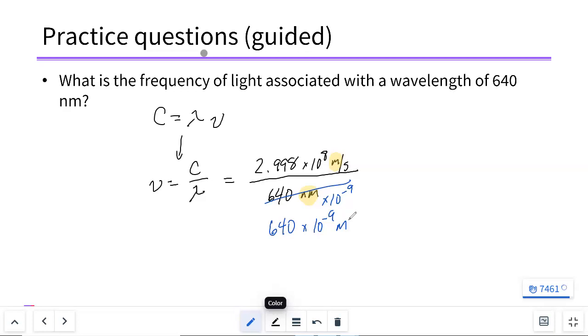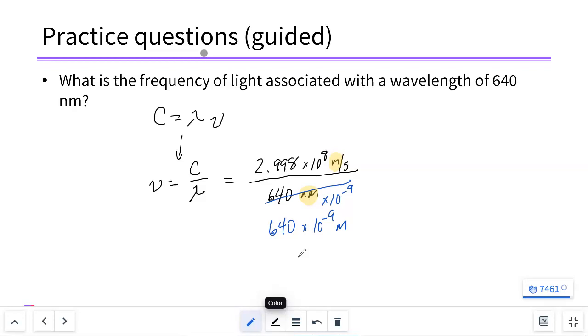Will my calculator be able to tell the difference? You betcha. If I wanted to put this properly into scientific notation, I'd have to move the decimal point over 2 spots, which would mean reducing the exponent by 2, so it'd be 10 to the negative 7th instead of 10 to the negative 9th. But again, my calculator won't know the difference.